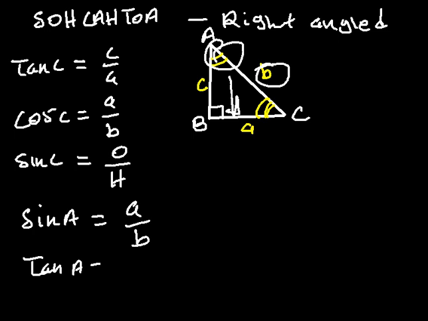The tan of angle A is opposite over adjacent, so we have A divided by its adjacent side, C. And how about the expression for the cosine of angle A? On the cosine, we have the adjacent over the hypotenuse, which is C over B.